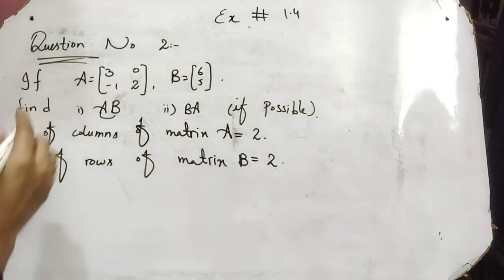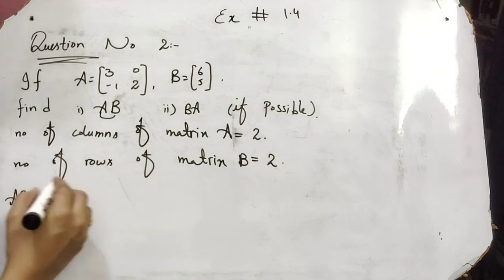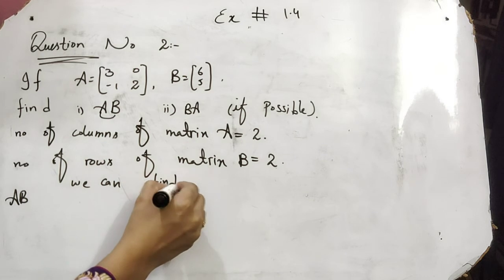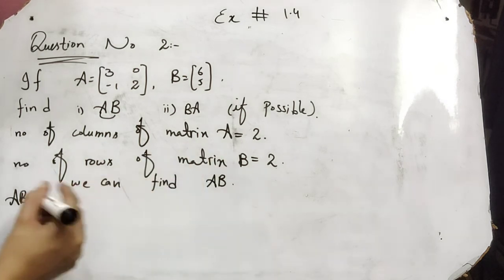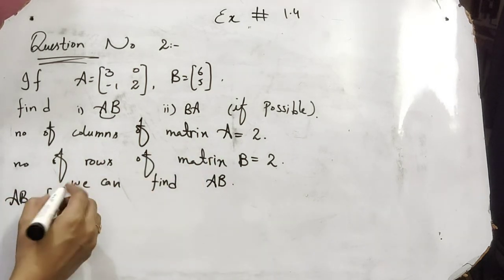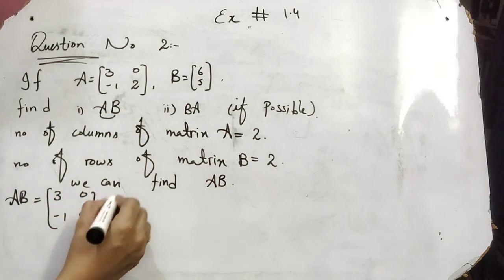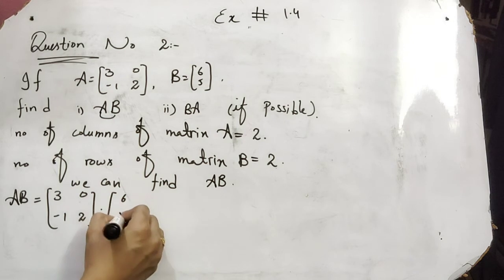So we can easily find AB. So AB will be 3, 0, minus 1 and 2, times B, which is 6 and 5.